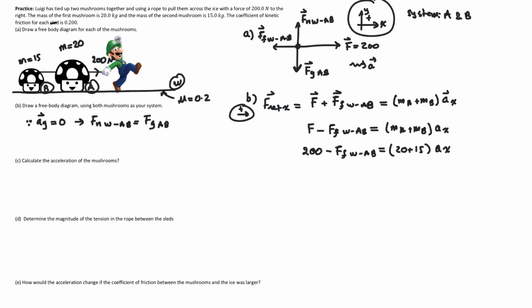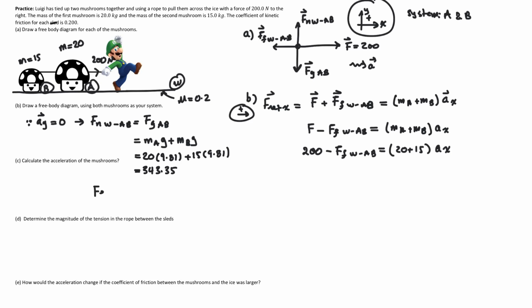All right, so now we know that this is going to equal the force of gravity acting on A and B, so that's going to be mass of A times gravitational acceleration plus mass of B times gravitational acceleration. Let's do this on our calculators. We will have 20 times 9.81 plus 15 times 9.81, and we will get 343.35.